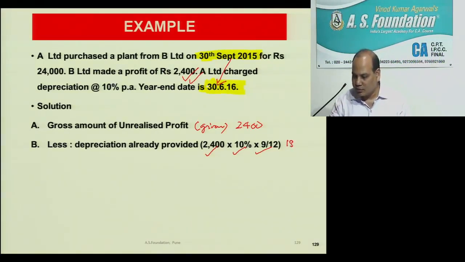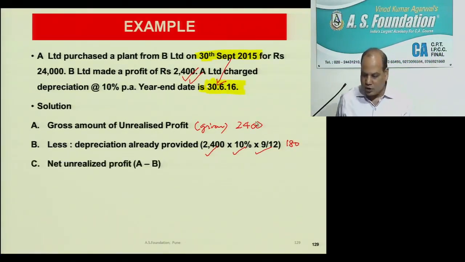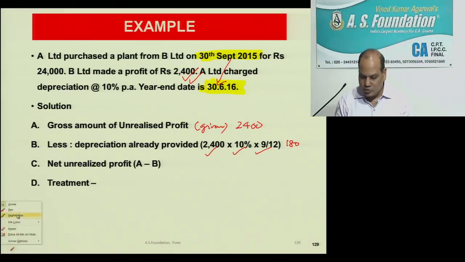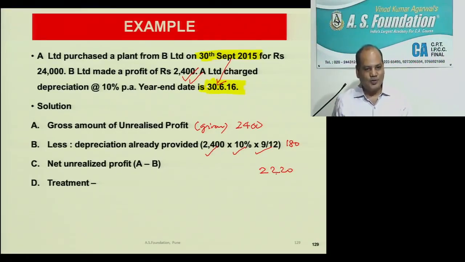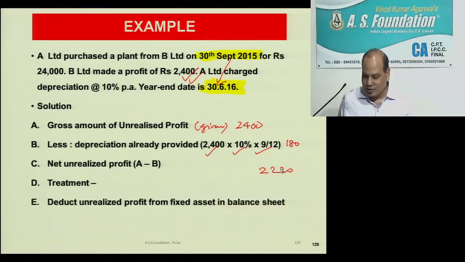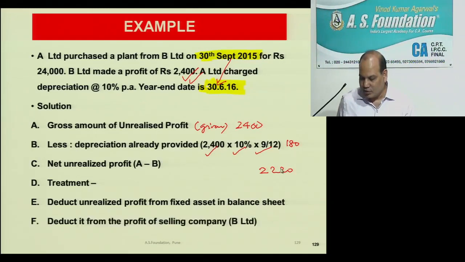How much is that? 180. Therefore, net unrealized profit is 2,220. Now write down the treatment. Deduct unrealized profit from the fixed asset in the balance sheet and deduct it from the profit of the selling company, B Limited. Done. That's good.